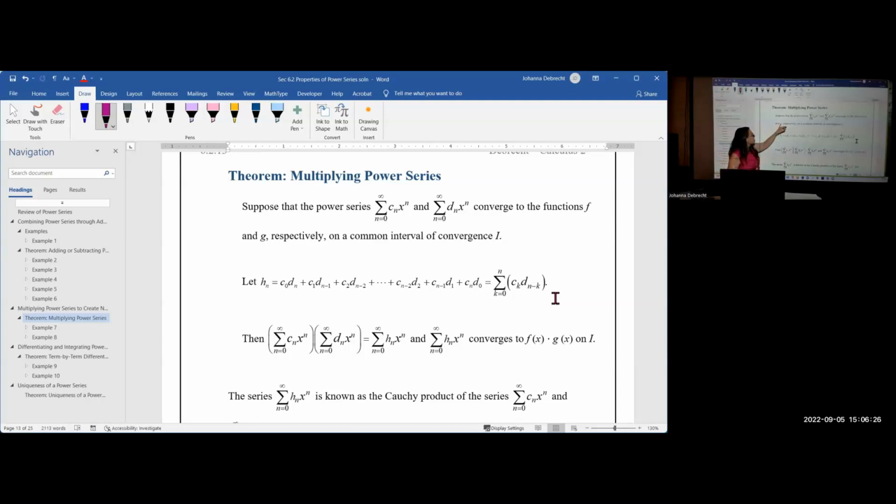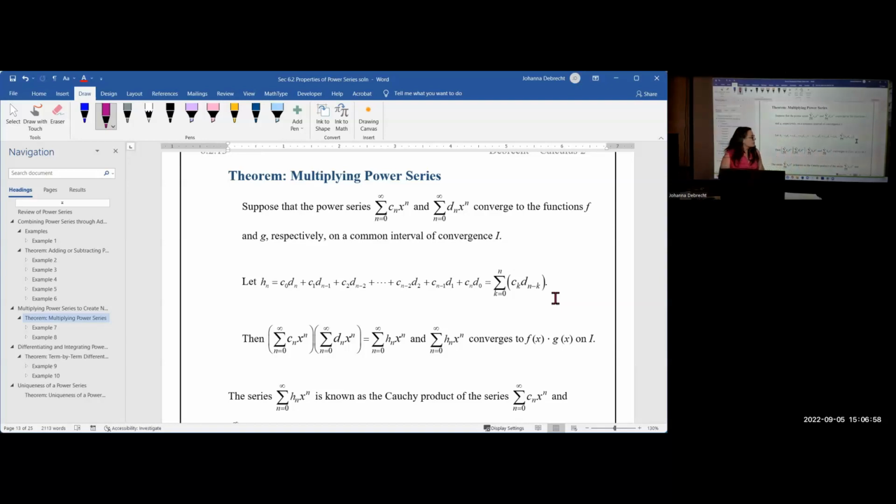And when they converge to the functions f and g respectively, we're going to define this new series, not a power series, just a series, to be this weird combination of the coefficients. It's increasing in terms of c and decreasing in terms of d. So this gives us the sum from k equals 0 to n of c sub k, d sub n minus k. So this is the way that it's going to work.